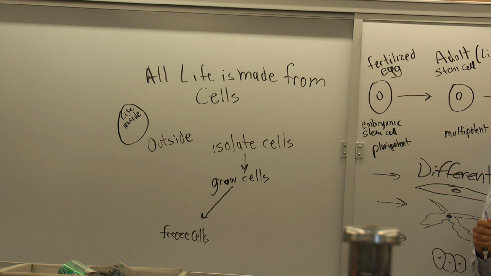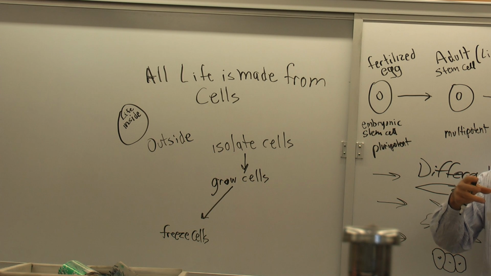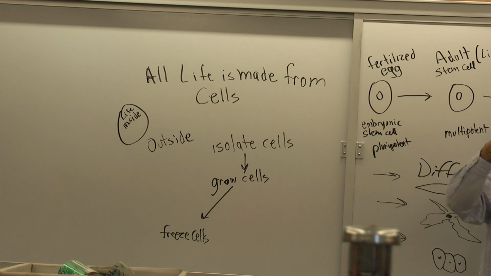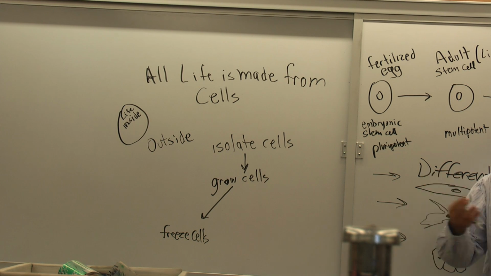We actually were interested in chondrocytes at one point, so we went down to Petaluma and got some calf meat. Sort of a recently slaughtered calf, and they gave us this chunk of meat. And then we dug out some of the cartilage and digested up the cartilage and freed up these chondrocytes. And then we could grow them in culture. It's kind of cool. So you can grab anything and isolate cells.